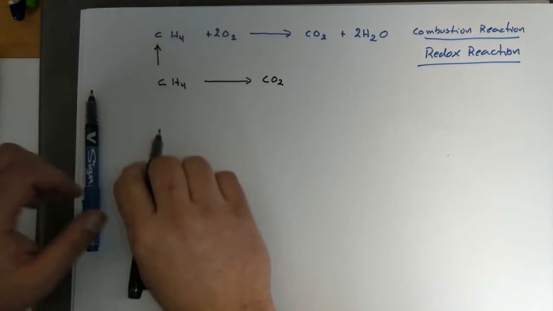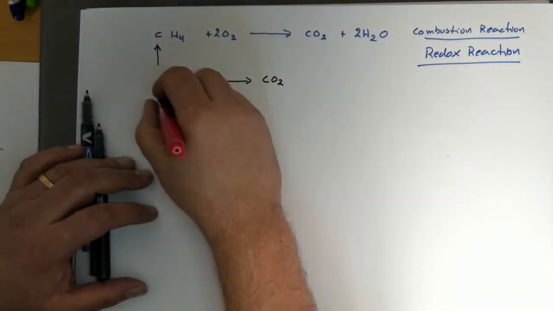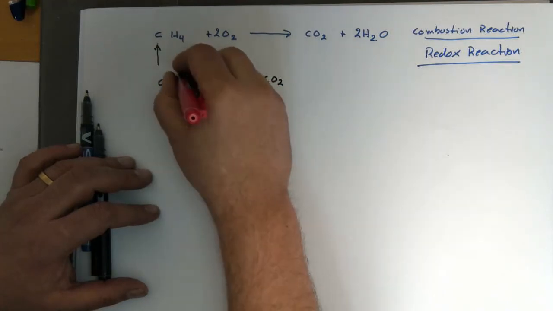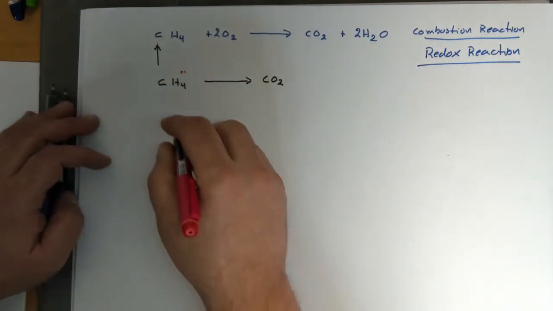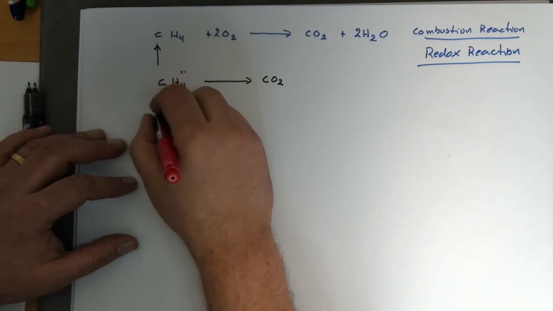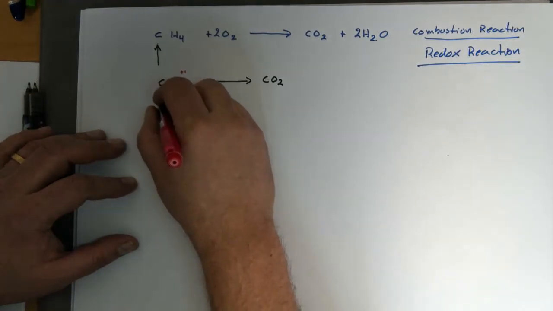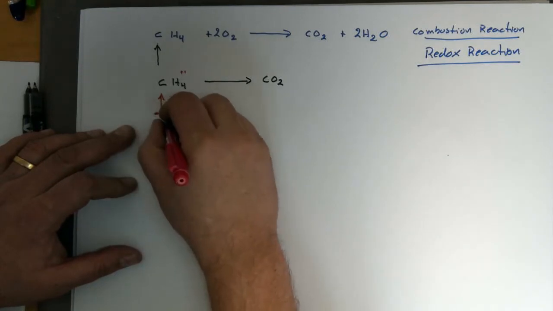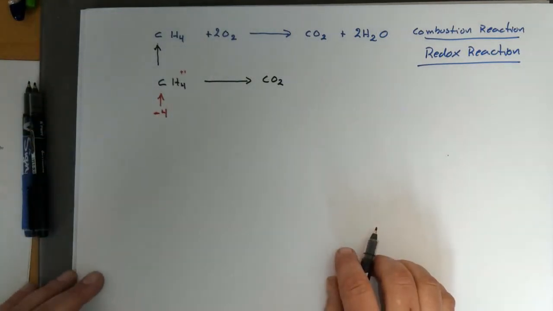And if we look at the numbers here, we can see that if we calculate it properly, hydrogen is of course plus 1, and there's 4 of them. So in this case then, the oxidation number for carbon in methane is minus 4, according to this model.